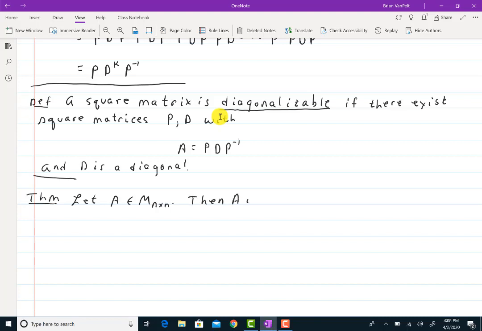Then A is diagonalizable if and only if A has n linearly independent eigenvectors.